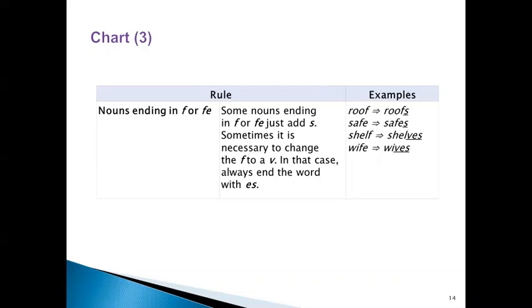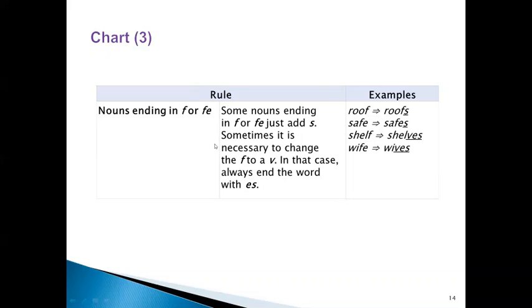The third chart includes nouns that end in f or fe. Some nouns ending in f or fe just add what? S. Sometimes it is necessary to change f to v. In that case, always end the word with es.